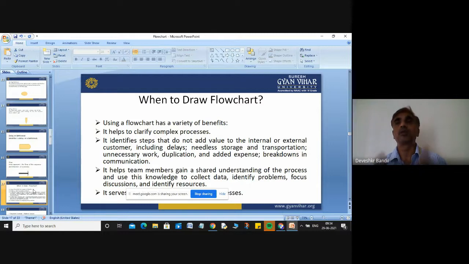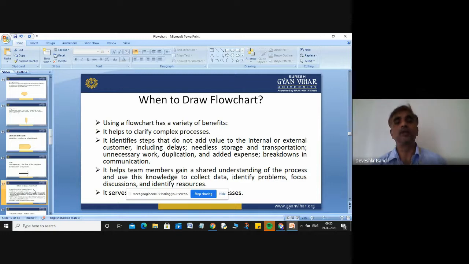After that, I will discuss when you draw the flowchart. Using a flowchart has a variety of benefits. As I told, when you draw the flowchart, through the flowchart you can identify the flow of your data.